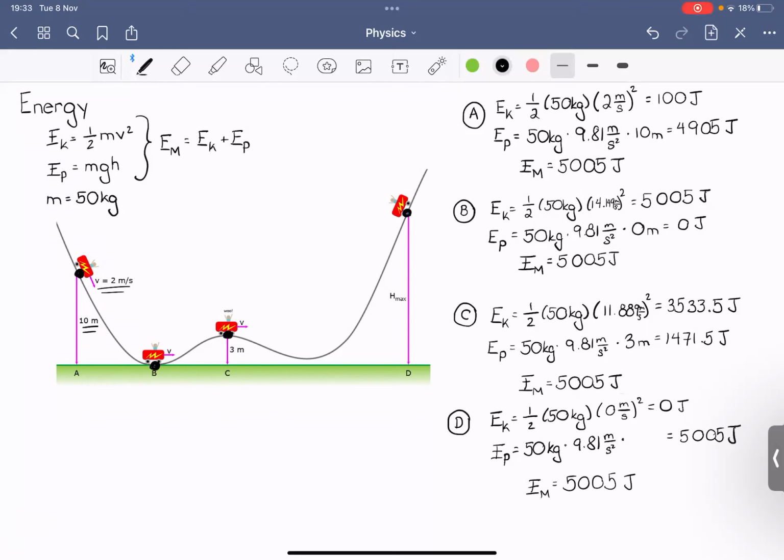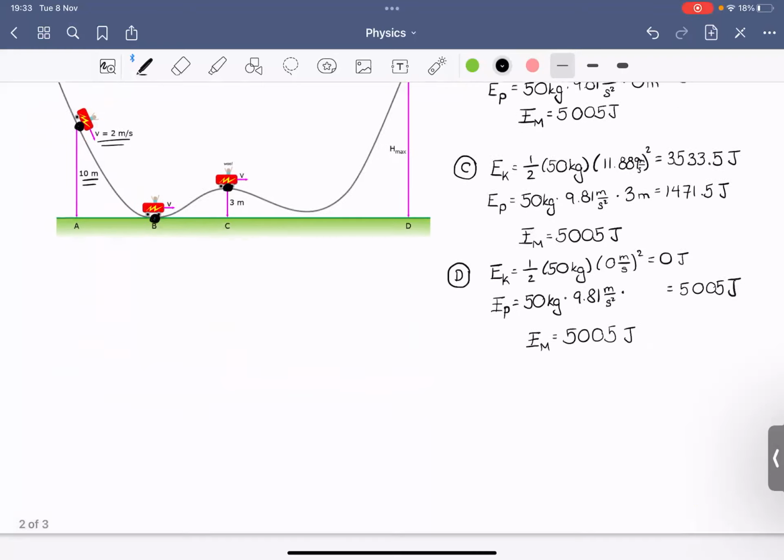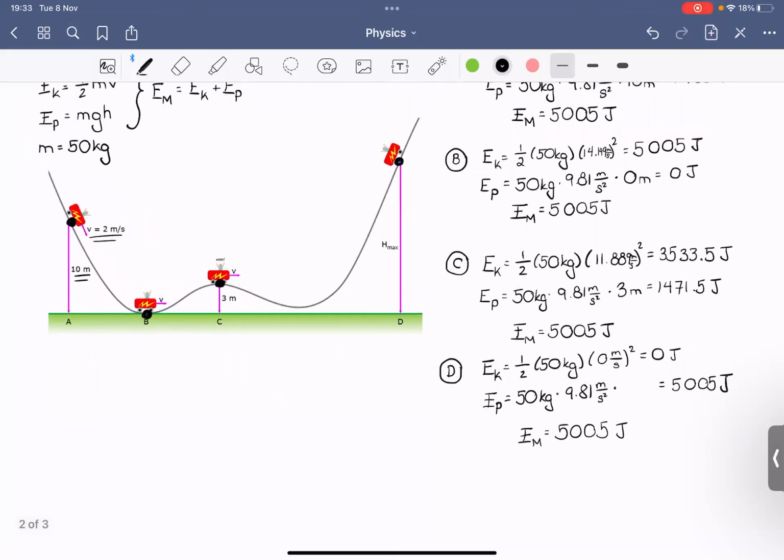So now I'm going to get to isolate for my height, which is what we want to get in this case. So we have 5,005 divided by 50 and divided by 9.81. That would get us a height of 10.204 meters.